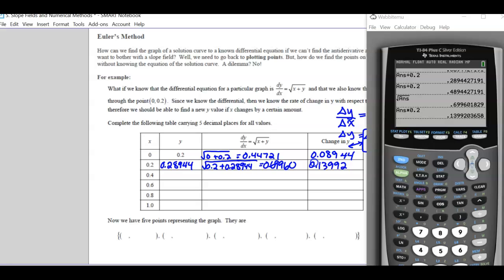And then you add on here your previous y value. If you still have it in there, actually, you could do that. Can punch later. Okay?